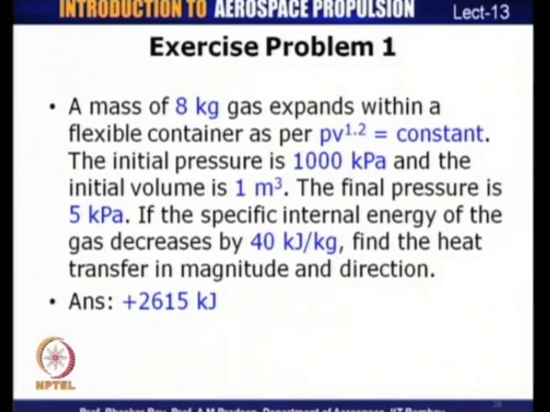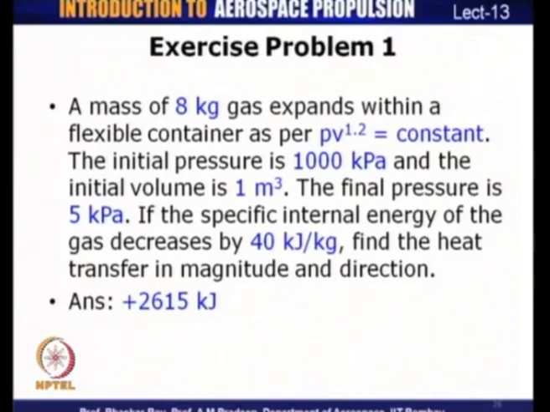And since the specific internal energy change is given, applying the first law, Q minus W is equal to delta U, one should be easily able to find out the heat transfer associated with this particular process. So, net heat transfer can be found in both magnitude and direction, and the final answer that I have given here is plus 2615 kilojoules.